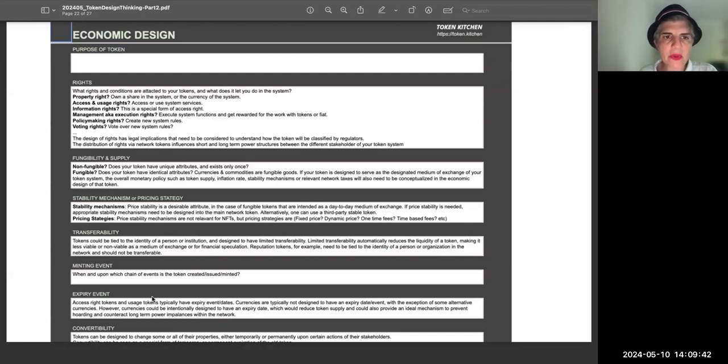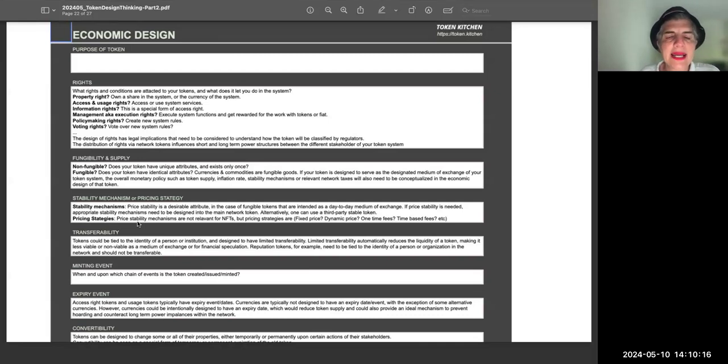You need Bitcoin tokens to pay the transaction fees to the miners. You cannot pay transaction fees in euro or dollar or any other kind of cryptocurrency. You have to pay in Bitcoin. This means that Bitcoins also represent access rights and usage rights of the Bitcoin network. Tokens can come with attached information rights.